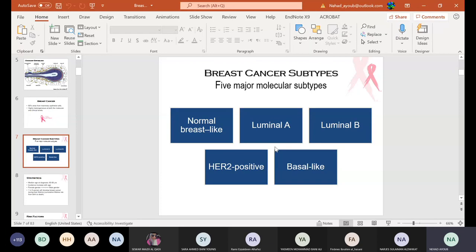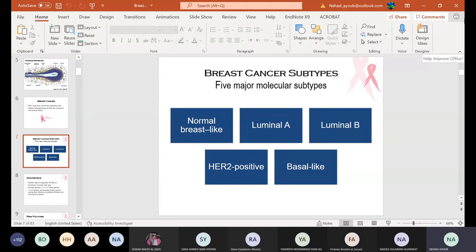It is very important to note that until this moment the scientific community does not know what is causing these breast cancer cells to grow. They are not dependent on the hormone, they are not dependent on HER2. So we call them triple negative, meaning negative for the expression of the three receptors.